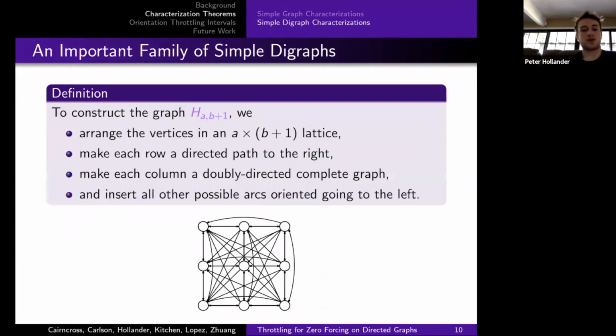We're also going to refer to a digraph called HAB plus 1, which is basically a graph where you arrange A by B plus 1 many vertices in a lattice with those dimensions, make each row a directed path going to the right, make each column a doubly directed complete graph, and then make all other possible arcs oriented going to the left.